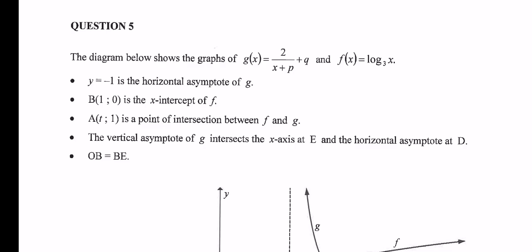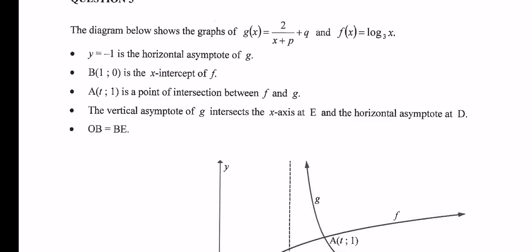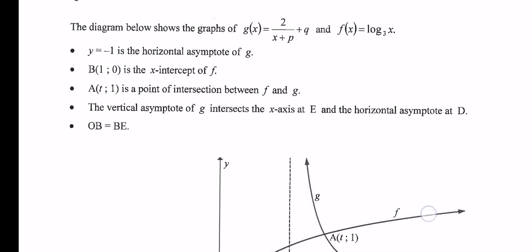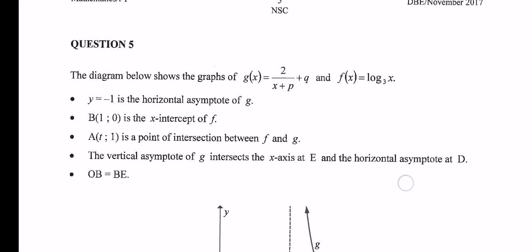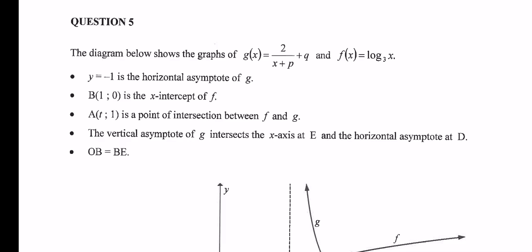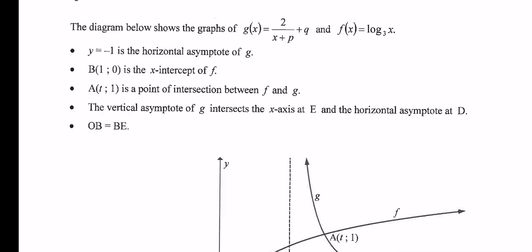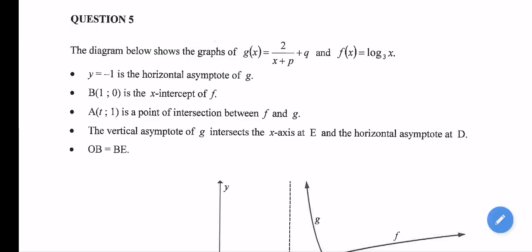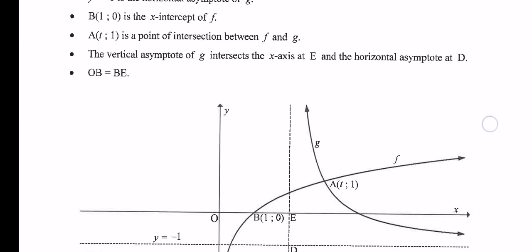And we are also given that point P, which is (1, 0), is the x-intercept of graph f. Now point A, which is (t, 1), is a point of intersection of f and g.